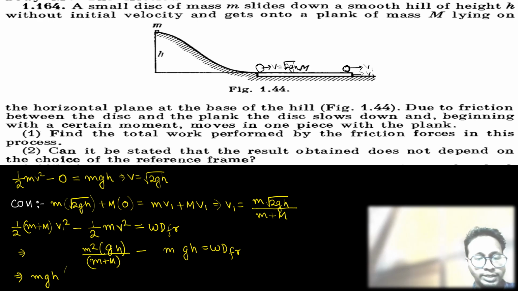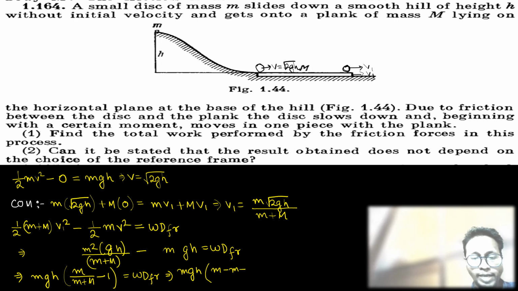mgh into m by m plus m minus 1 is equal to work done by friction force. Okay, mgh into m minus capital M by m plus m is equal to work done by friction force.